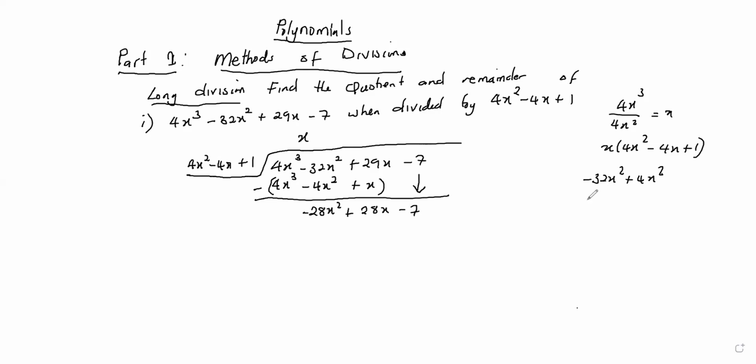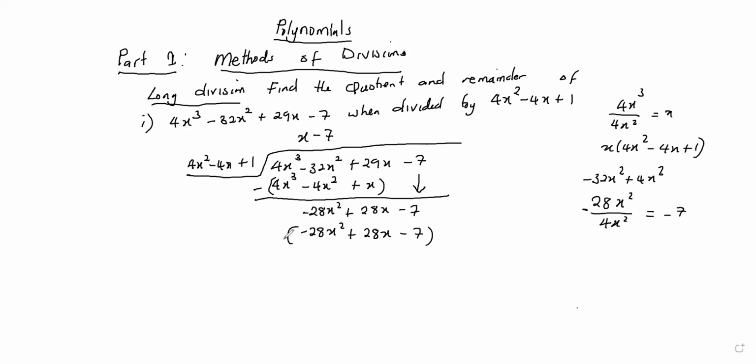So now we divide again, 28x squared divided by 4x squared. So there we are getting, remember, minus 7 only. So we multiply, we'll have minus 28x squared plus 28x and then minus 7.